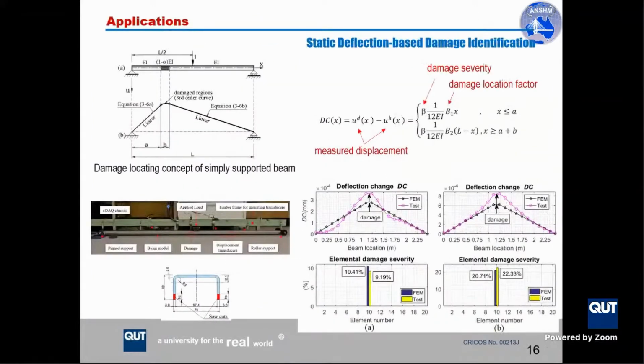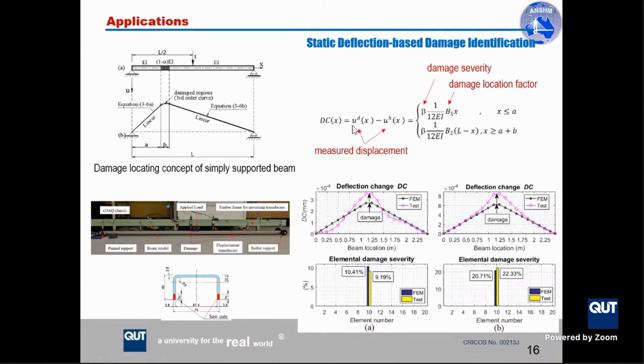This slide shows another study on damage detection using static deflections. In this project, the change in deflection, DC, at location X has been derived as a function of the damage location factor and damage severity.